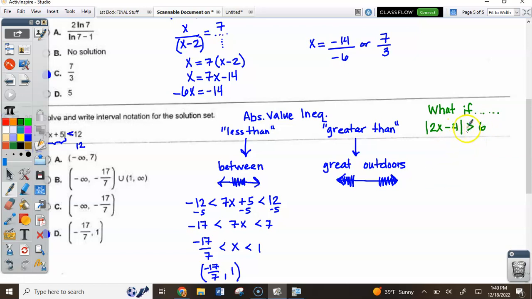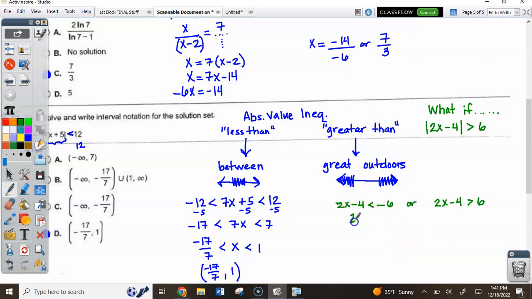Okay, so this is a greater than problem, which means that I've got to set up 2 inequalities. I'm going to do this expression going less than the negative, and then I'll move it right here. So I would do the 2x minus 4 has to go less than the negative value, and then I would copy the exact inequality because that's going greater than the positive.